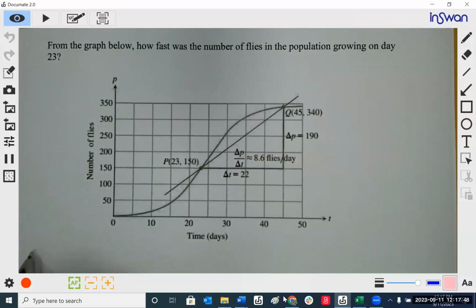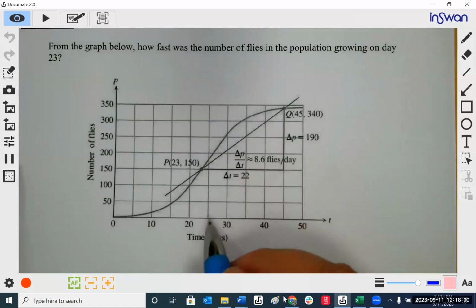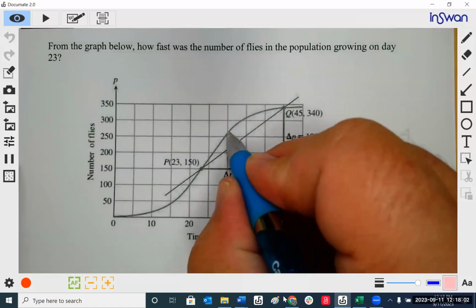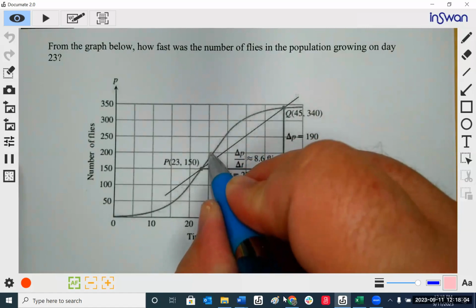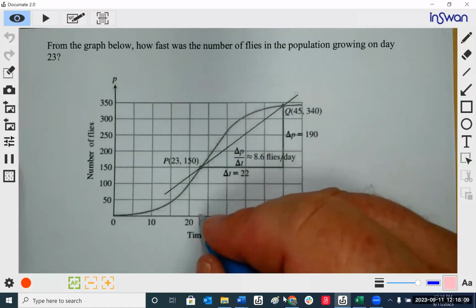Here we have to remember how we did it using Excel, because when we did instantaneous, you have to get h as small as possible, which means we have to get our vertical values from here and here and here, closer and closer to 23.